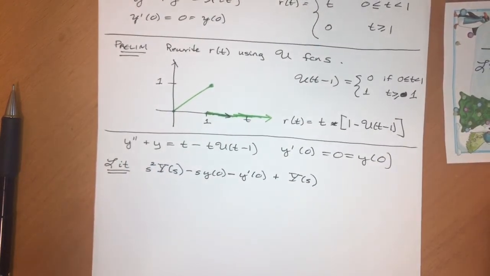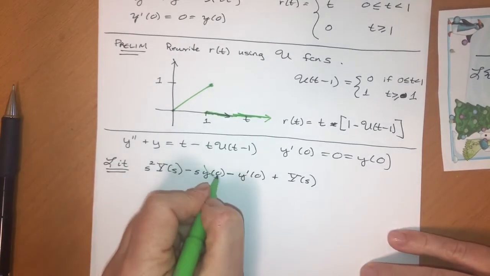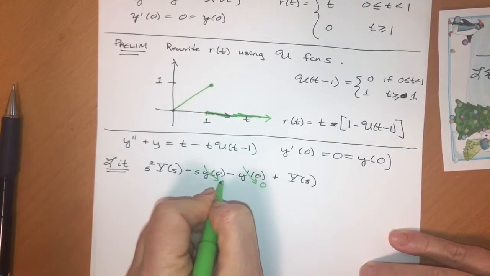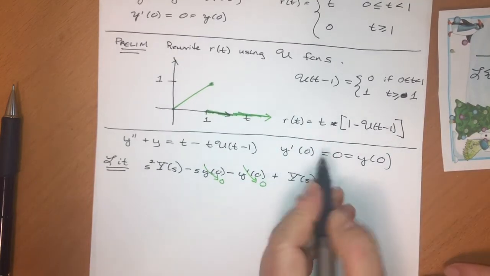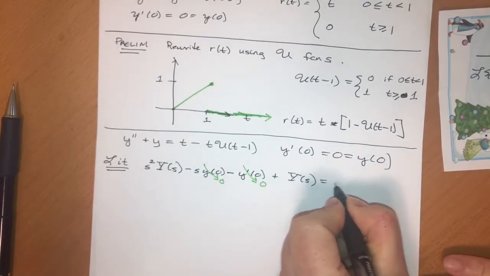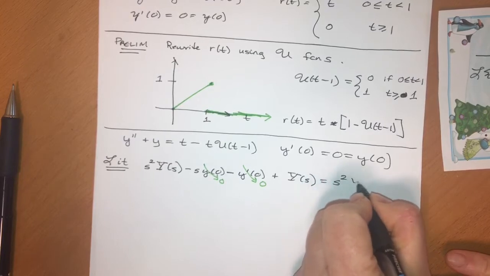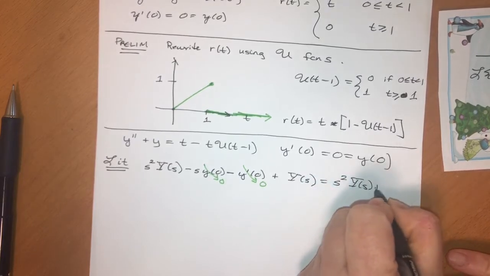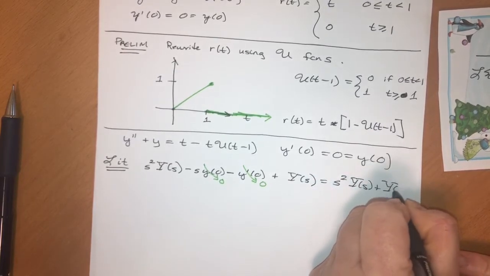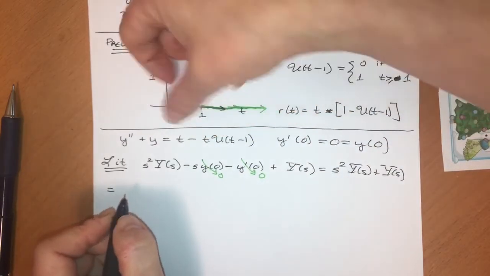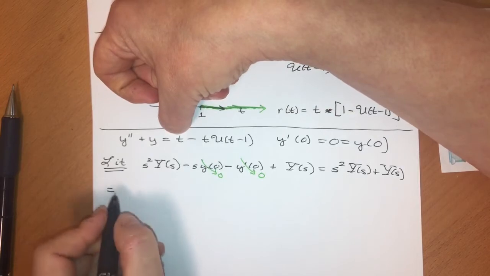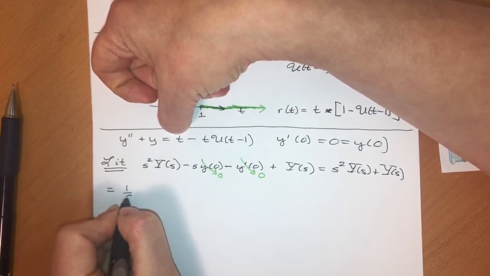And while we're at it, let's take advantage of the fact that these initial conditions make those first pieces drop out. So the left-hand side is going to Laplace to s squared Y of s plus Y of s. And that will equal the Laplace of the right-hand side.